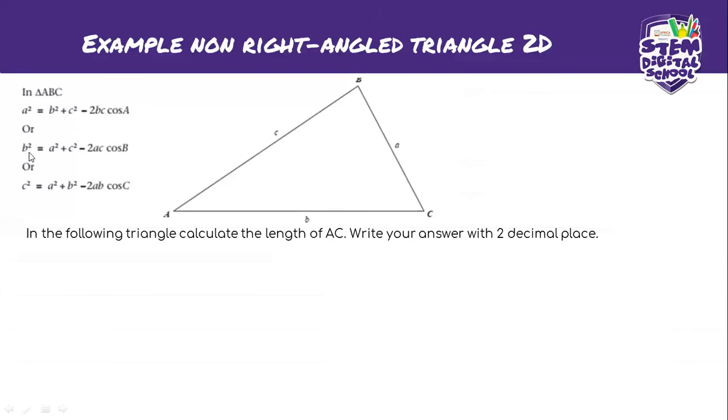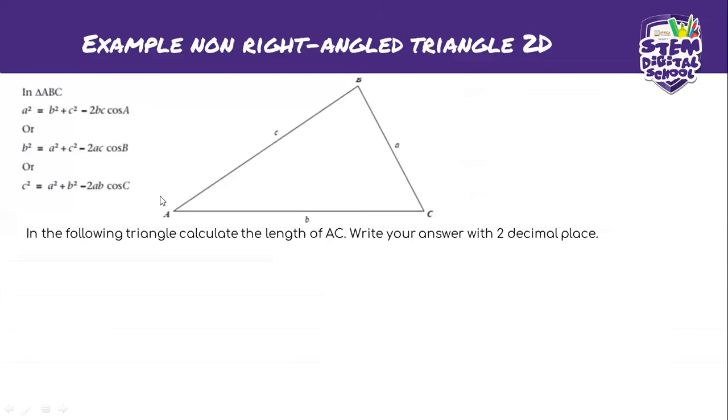The other one is B squared equals A squared plus C squared minus 2AC cos angle B. And the last one is C squared equals A squared plus B squared minus 2AB cos angle C.